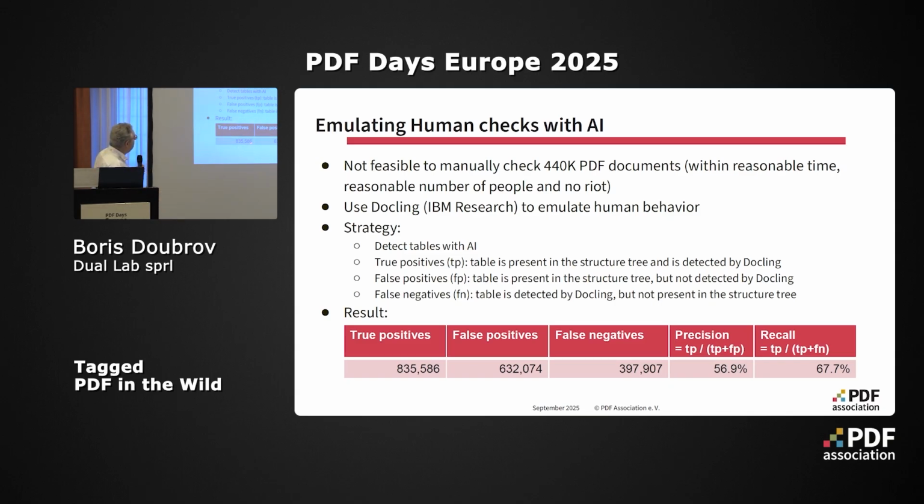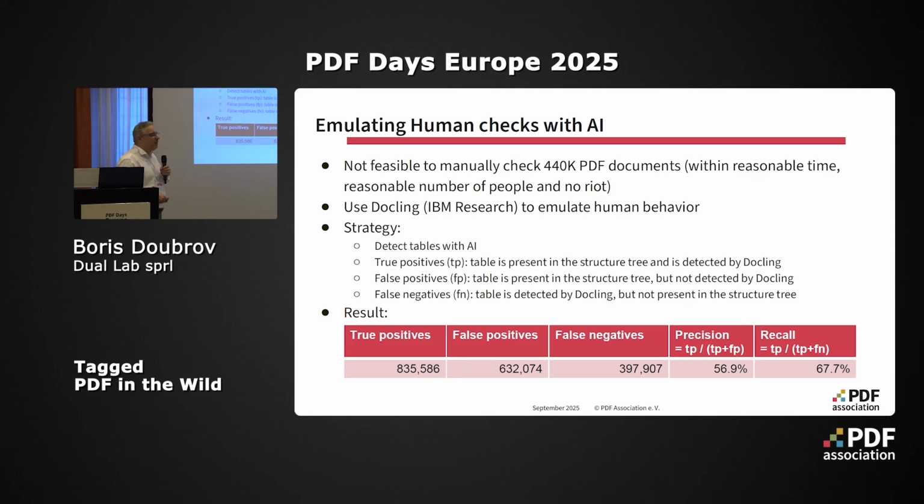So true positives, and the count here is the number of tables, not the documents. So the number of documents is smaller, 4,400. This is the number of tables. So we have this precision and recall number. Precision is how many tables in the tagged tree are really tables according to DocLink.